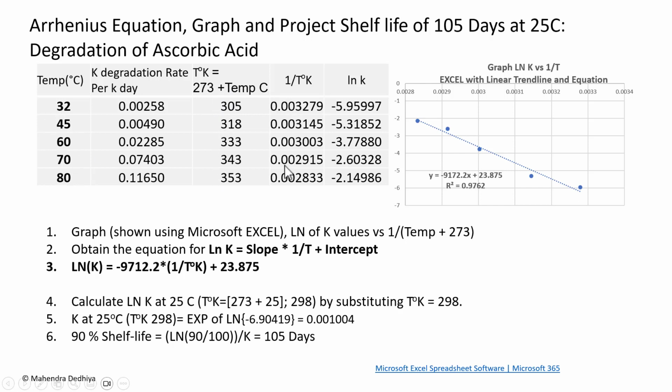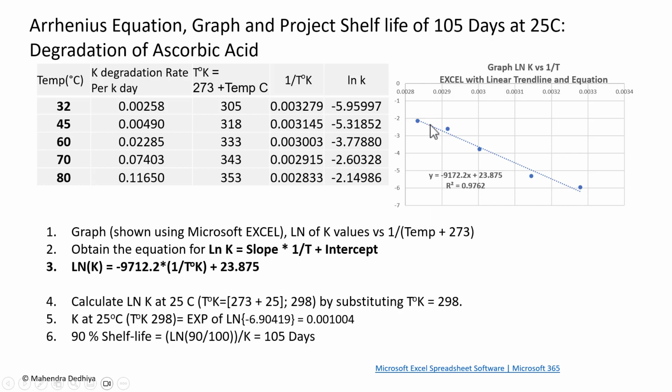We can calculate 1 upon T and natural log of K. So for example, at 60 degrees, the degradation rate is 0.02285. Temperature in Kelvin is 333. 1 upon 333 is shown here, and the natural log of 0.02285 is shown here. Natural log of K versus 1 over T.